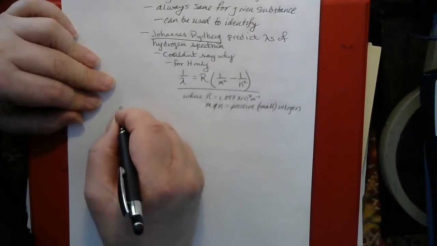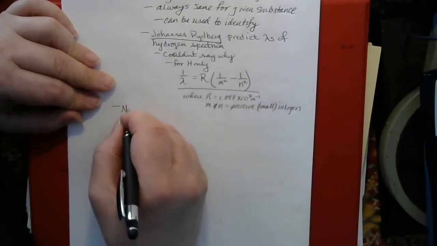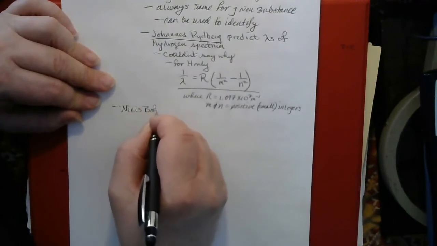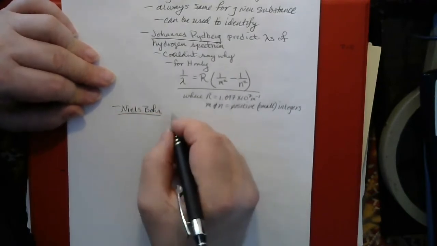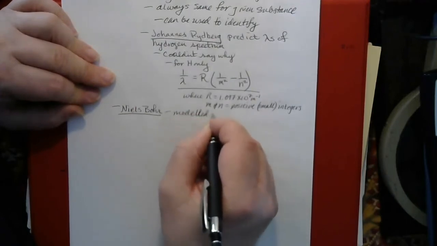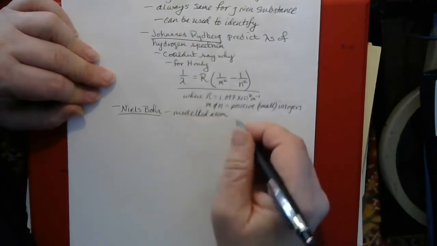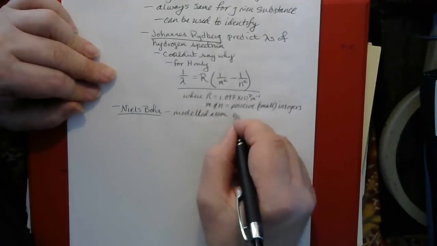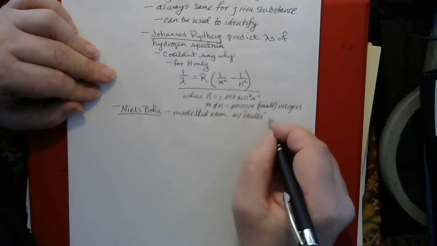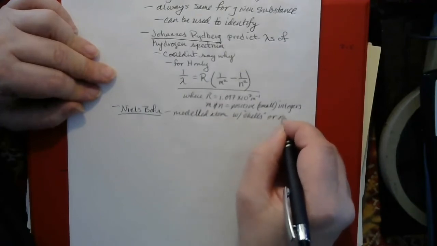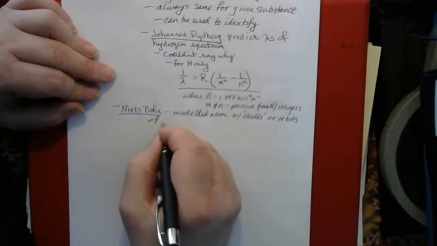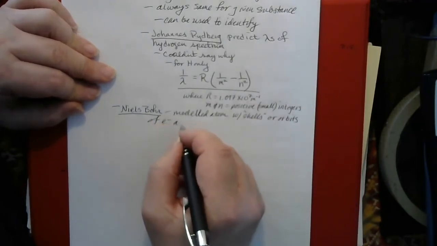It was up to Niels Bohr, who came along a few years later, to elucidate things. Niels Bohr modeled the atom with what are often called shells or orbits of electrons around the nucleus.